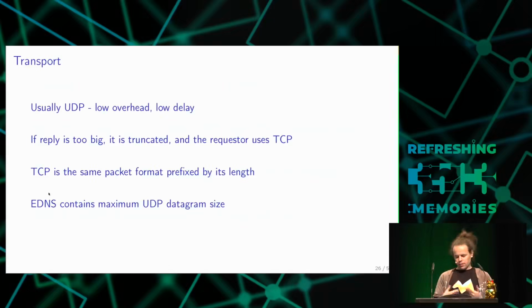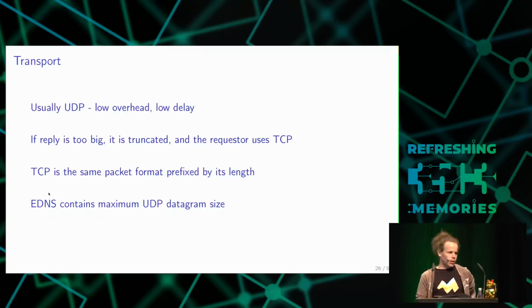Then the reply is just truncated at, let's say, 512 bytes, and the flag in the DNS header is set that, oh, by the way, this answer is now truncated. And then the requester can re-request the same request using TCP.